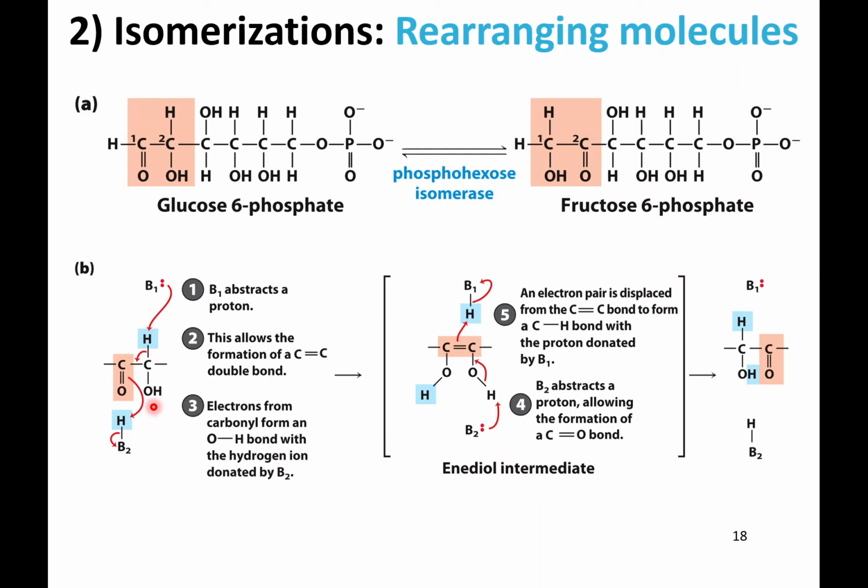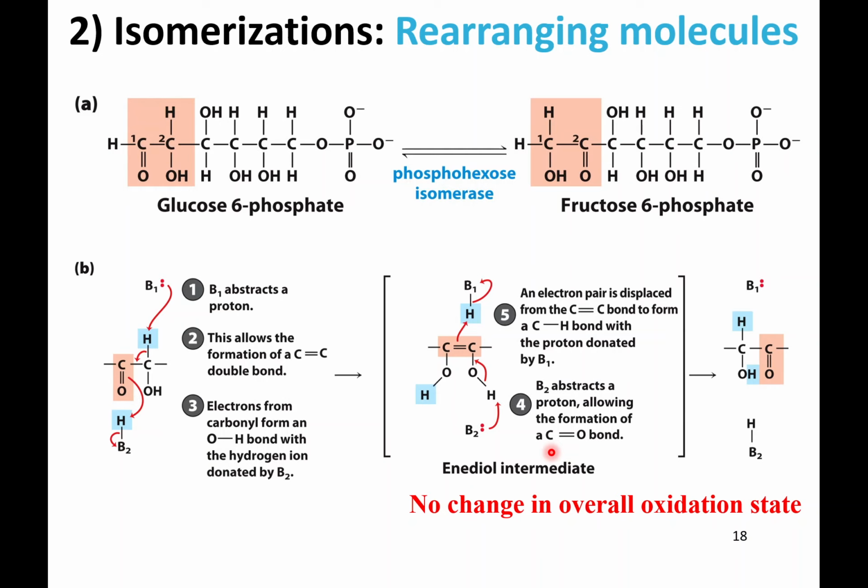Then you get the electron movement, and you form what's known as an ene-diol intermediate. So you have two OH groups on adjacent carbons and a double bond between those two carbons. That's a very short-lived intermediate, and then it flips back, but in the process it's changing the position of the carbonyl and the alcohol.